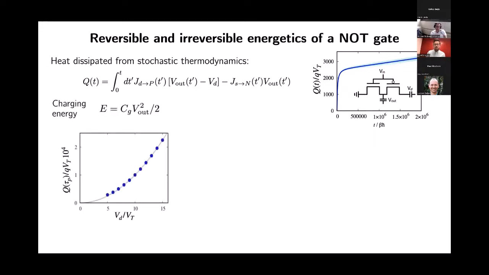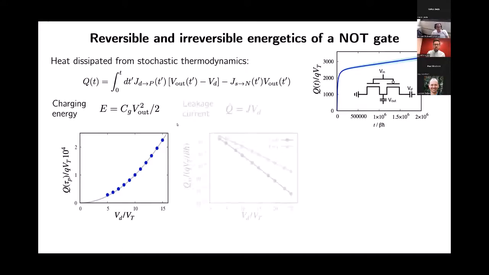The heat, if you are starting from a state where the capacitor is discharged and you plug it in, first has to charge that capacitor. So there's essentially reversible energy of charging that scales like the drain voltage squared. This is just what you get from the reversible work of charging a capacitor, so that capacitance is a constant.